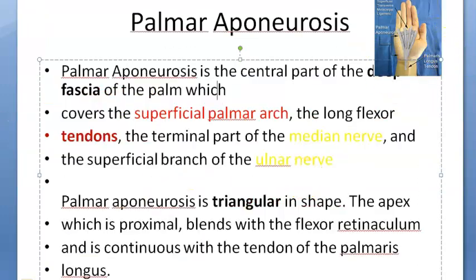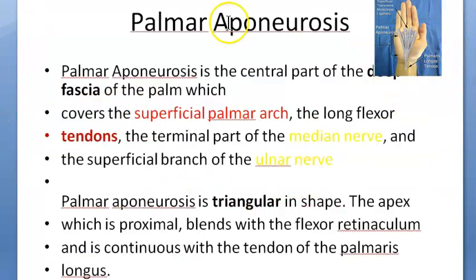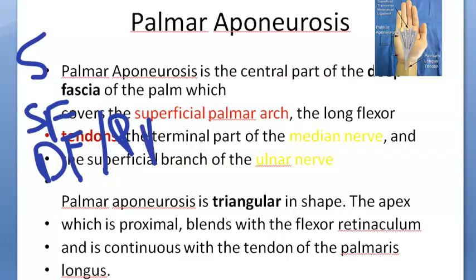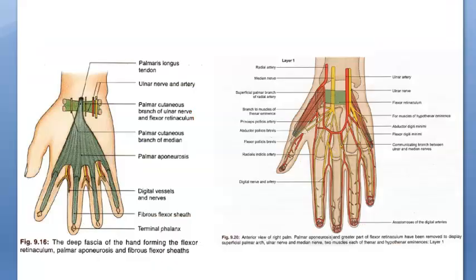See guys, one thing we forgot to cover is the structures under the palmar aponeurosis, right? So what do you have? First, you remove the skin. Under the skin, you remove the superficial fascia. Under the superficial fascia, you have the deep fascia or the palmar aponeurosis. Under it, what will you see? You will see some blood vessels, mainly the superficial palmar arch, remember.